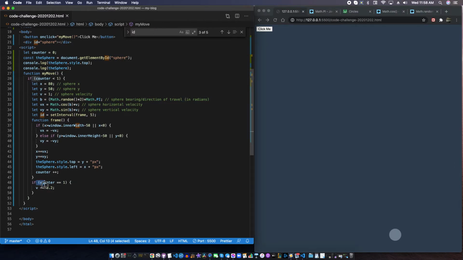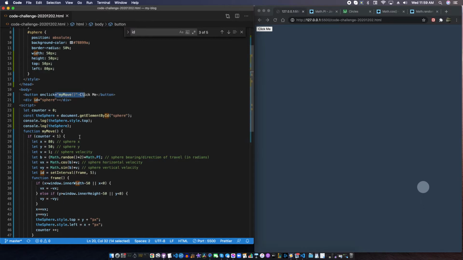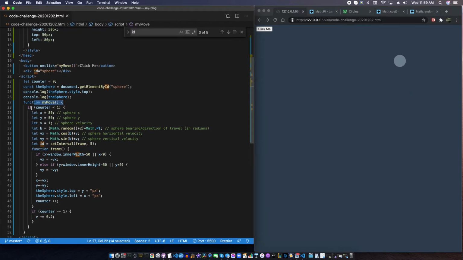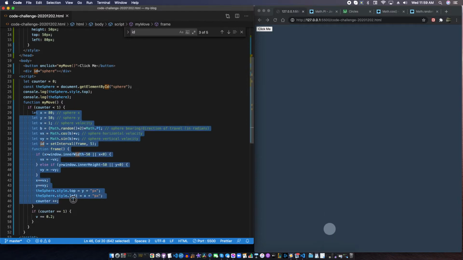If counter equals 1, my move. The button does my move. Counter equals 0. If counter's less than 1, all this stuff is using let, so maybe I can only access these variables within this if statement.